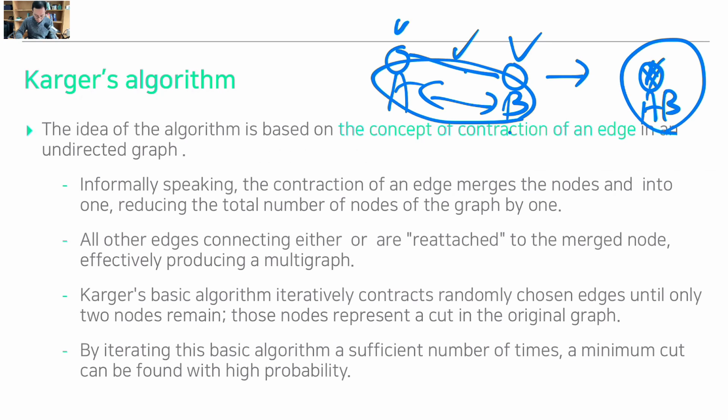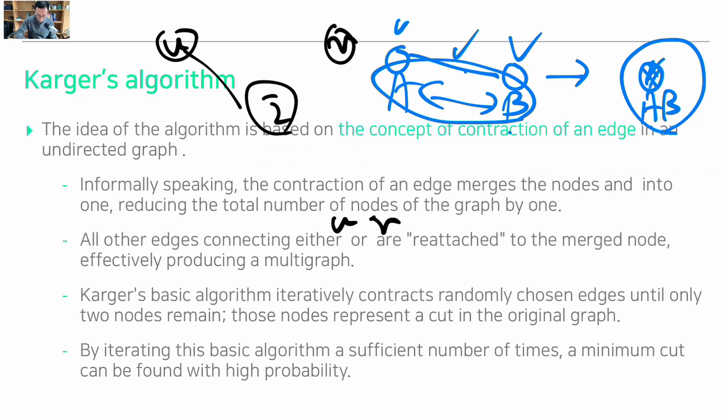So all other edges connecting either U and V, and let's say we have I here.